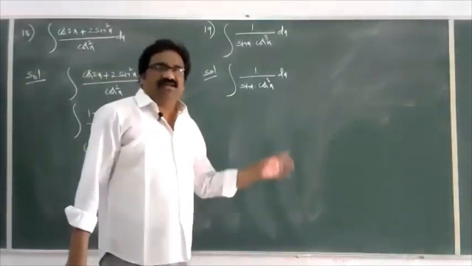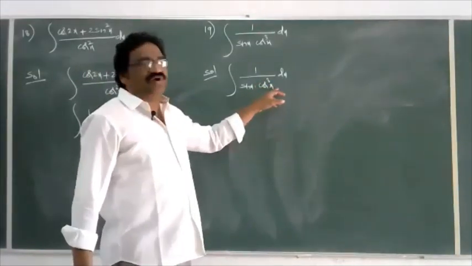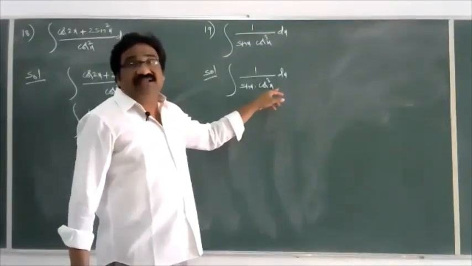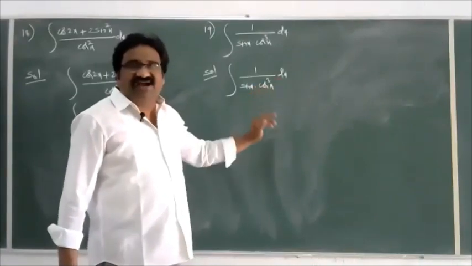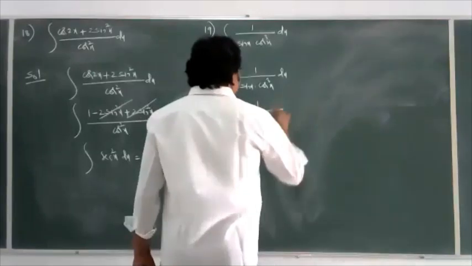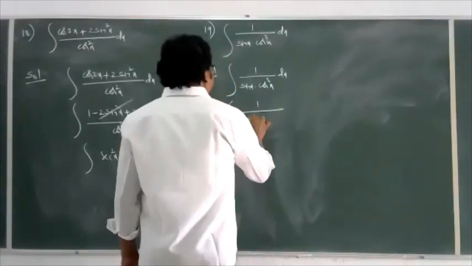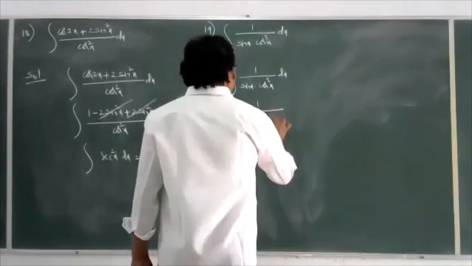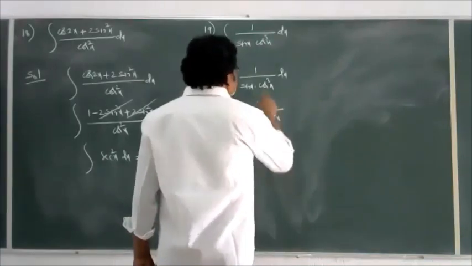Observe the denominator. Multiply the denominator with cos x and divide by cos x. That is integral 1 by (sin x into cos to the power of 4 x). Why?